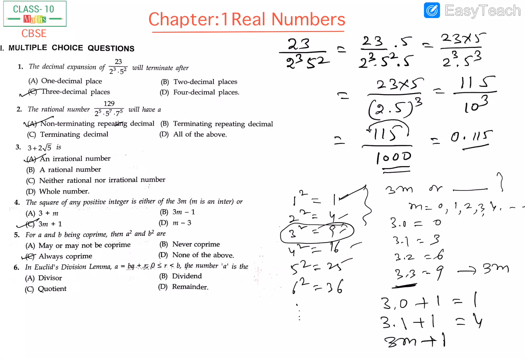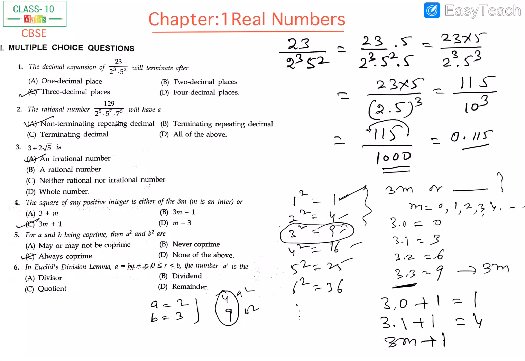For example, if we take a is equal to 2 and b is equal to 3, these are co-prime numbers. Their squares, 2 square is 4 and 3 square is 9, these are a square and b square, they are also co-primes. This is true for every pair of co-primes. So option C is correct.